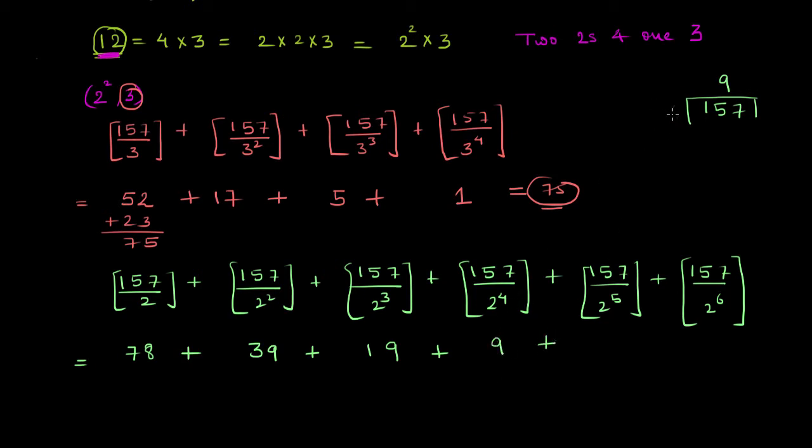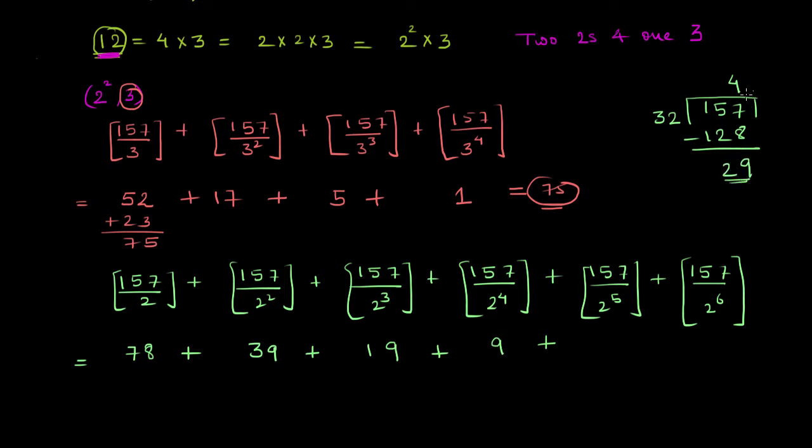Now let me divide 157 by 2 to the power 5, that is 32. If I take 5, 2 5s are 10 and 60, 160, so I cannot take 5. Let me take 4. 4 2s are 8 and 4 3s are 12, 128. When I subtract them, I have 29.